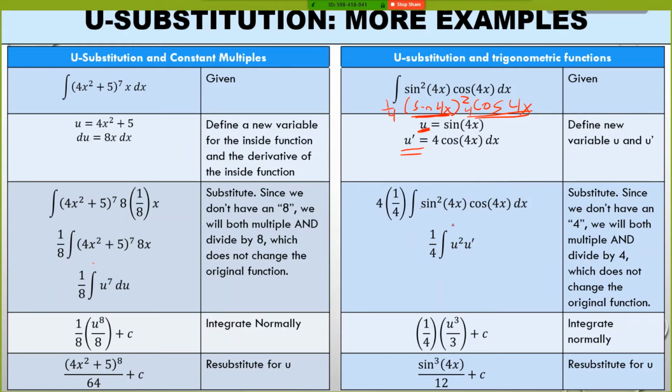So I could rewrite this as u squared times u prime times 1/4. If I integrate, this will be u to the 3rd power over 3 times 1/4, plus c, which is u to the 3rd power over 12. U is the sine of 4x, so this is the sine cubed of 4x over 12, plus c, for my final answer. Any questions on anything from this slide?